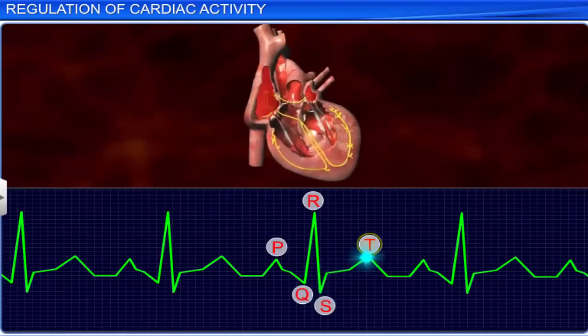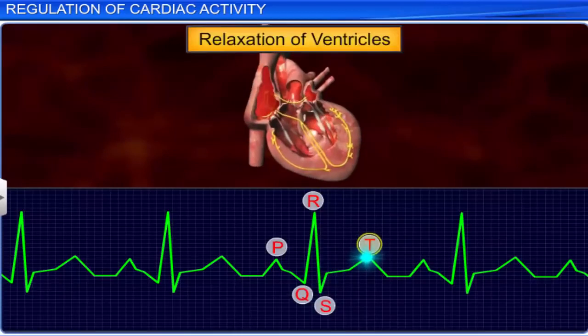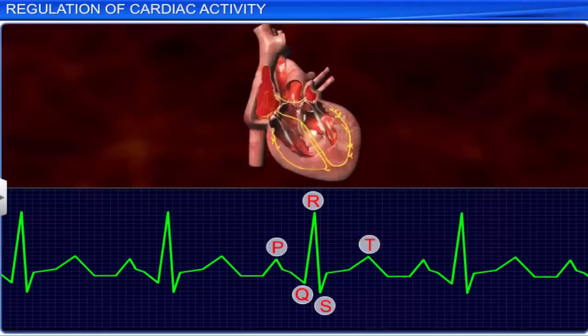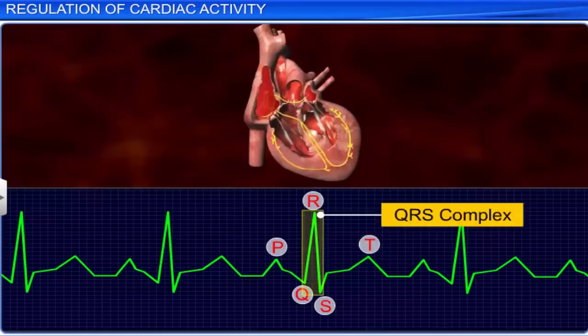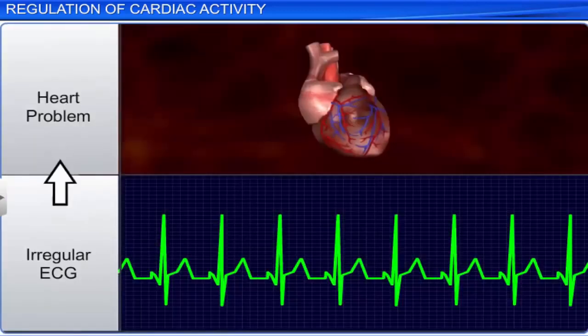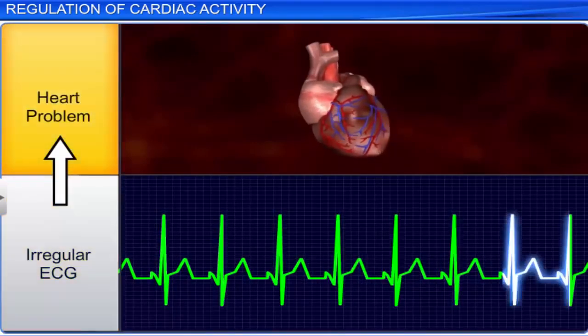The final T wave corresponds to the relaxation of the ventricles to the normal state or repolarization, and the end of the systole. The number of QRS complexes equals the number of heartbeats. Hence, any deviation from the standard ECG signals a problem relating to the heart.